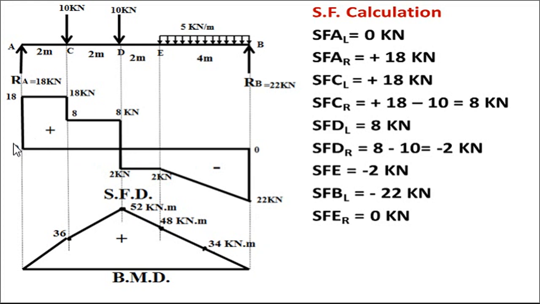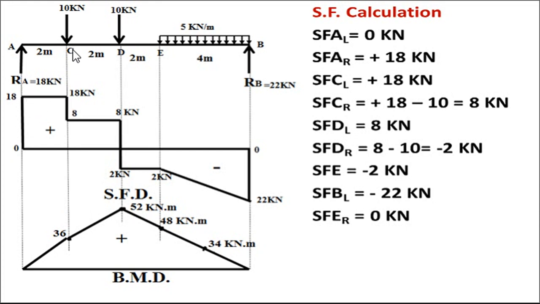In normal cases, everybody takes the left side, so starting with support A. To draw SFD, draw a horizontal line, zero shear force here. RA is 18, so move by 18 upward. No load from A to C, horizontal line.